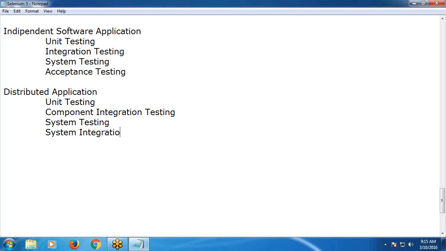In these 5 levels of testing, integration testing is divided into two areas: after unit testing, component integration testing, and after system testing, system integration testing. Next, acceptance testing.